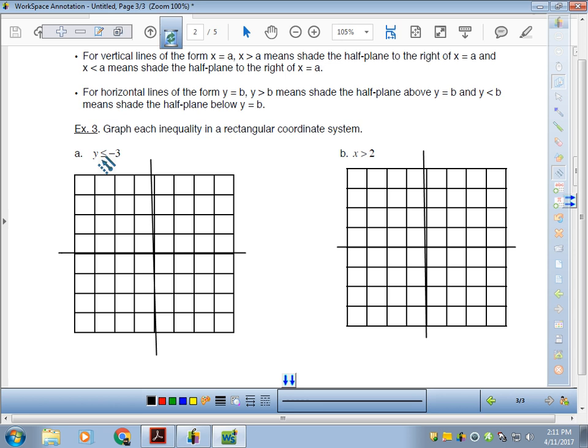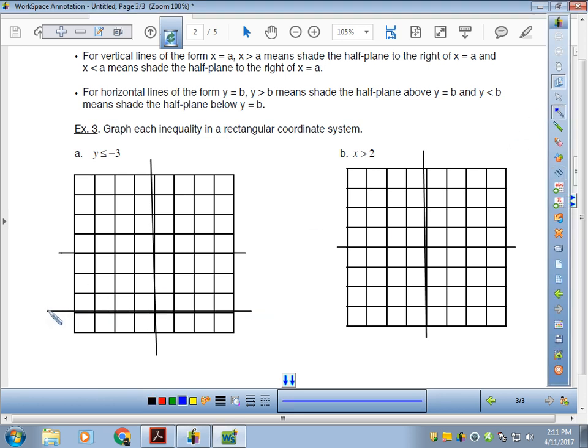So this one we have y is less than or equal to negative 3. So I would go to negative 3 on the y, which is down here, and I would draw a horizontal line. Now, because this is an equal to, that's going to be a solid horizontal line. So it's going to be a solid line down here.